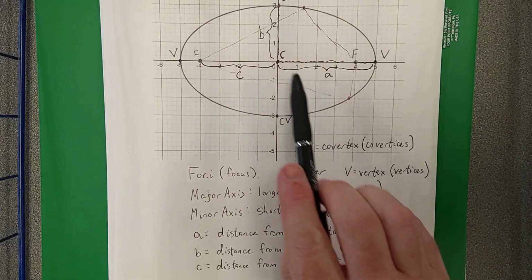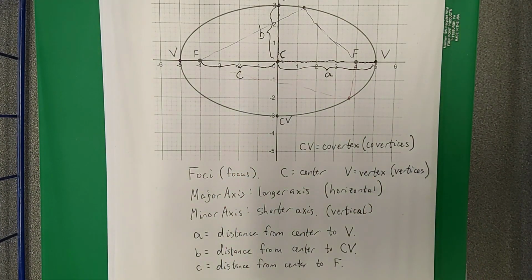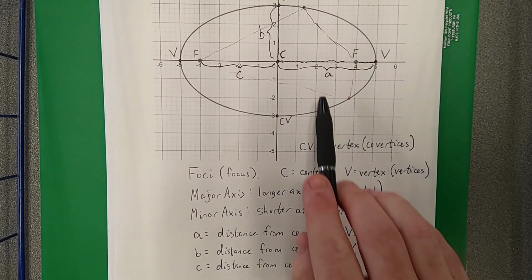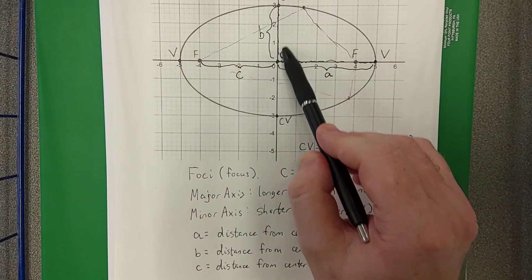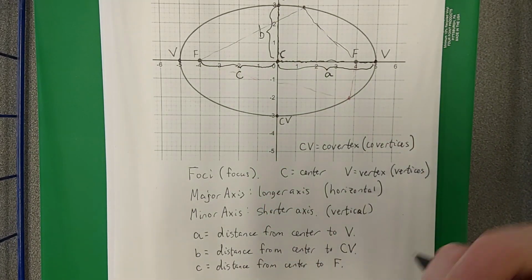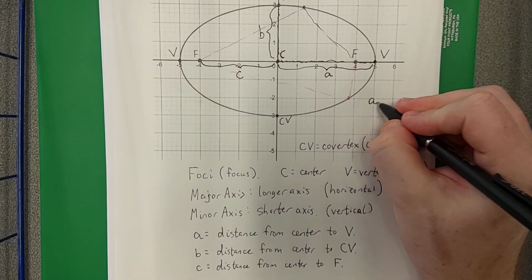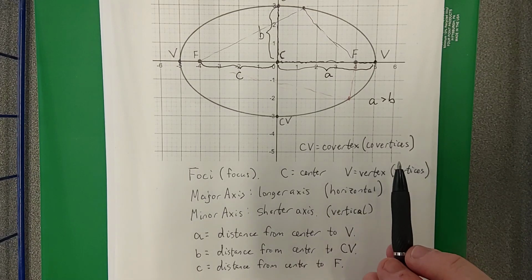Of these three distances a, b, and c, there is a guaranteed largest one. If we were to compare a with b, a is on the major axis and b is on the minor axis. Major has to be bigger than minor, or else it would be the other way around. So we can definitely say that a is greater than b because major is bigger than minor.